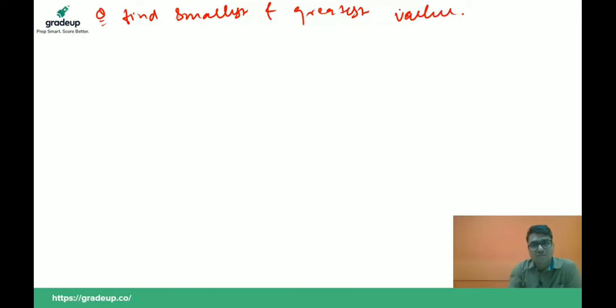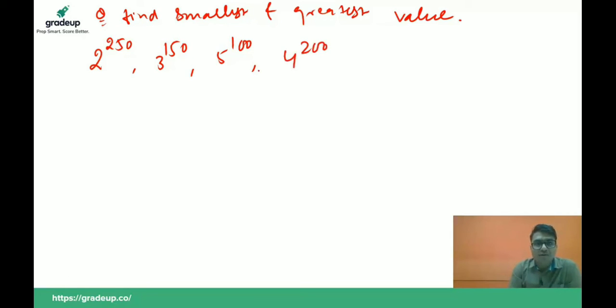Again, you have to find the smallest and greatest value. Now, if you are having 2 raised to the power 250, 3 raised to the power 150, 5 raised to the power 100 and 4 raised to the power 200, you have to find the smallest and greatest value out of these.